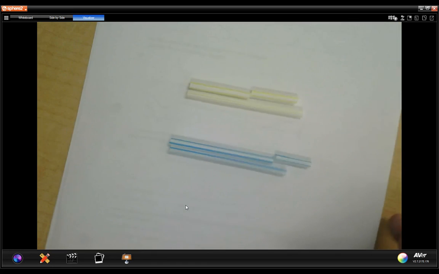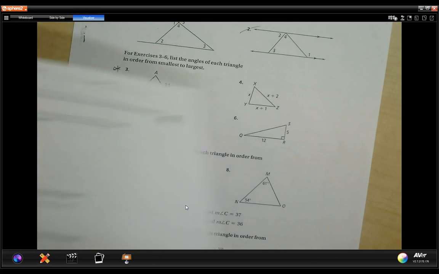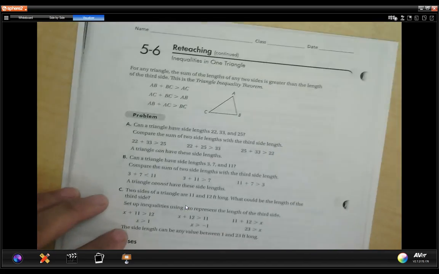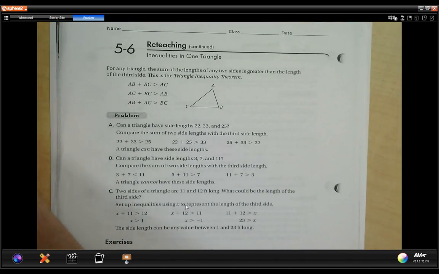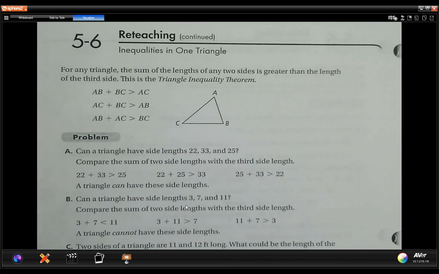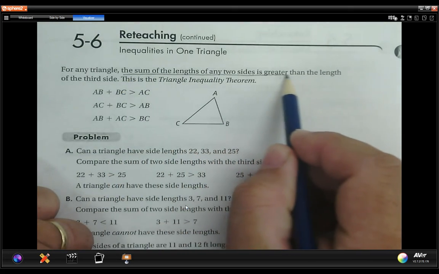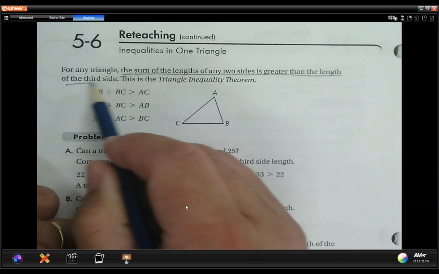So we'll go ahead and move the straws out of the way, and we're going to go back to the back side of this reteaching sheet, which is going to help us to really understand and see this. Okay, so here's what this says. It says that for any triangle, the sum of the lengths of any two sides is greater than the length of the third side.